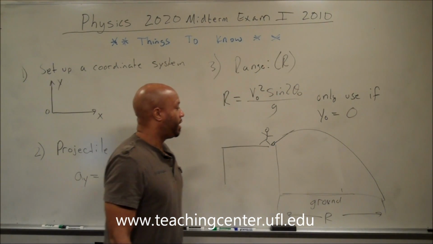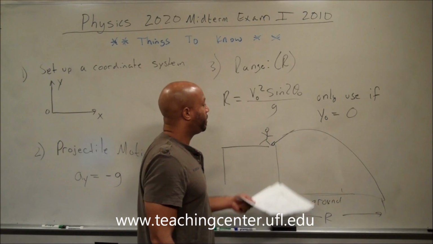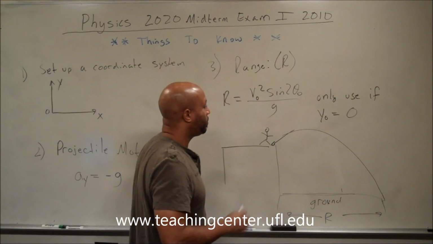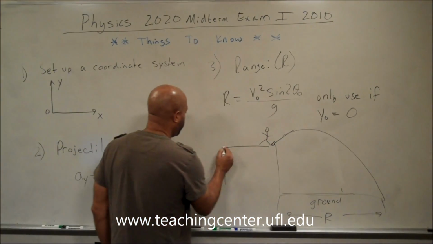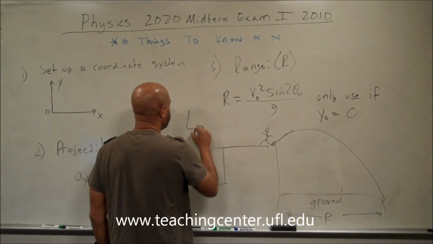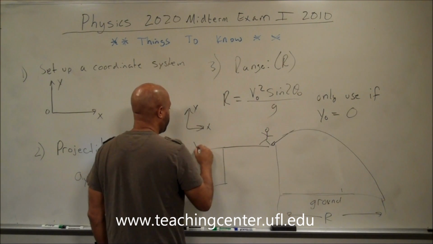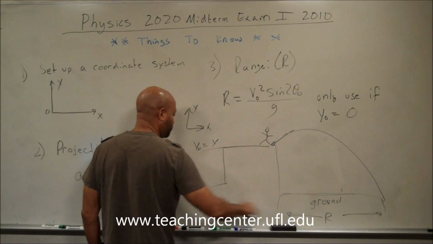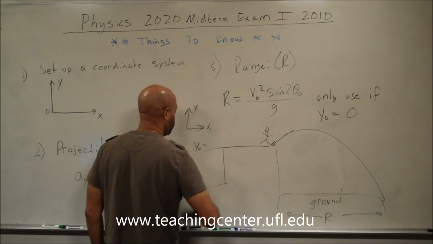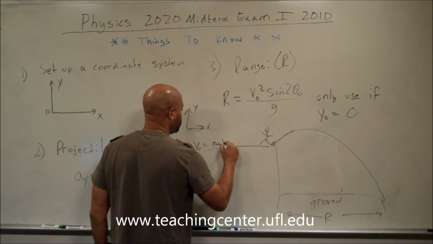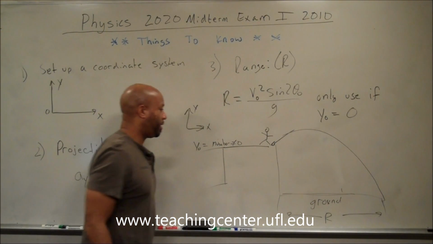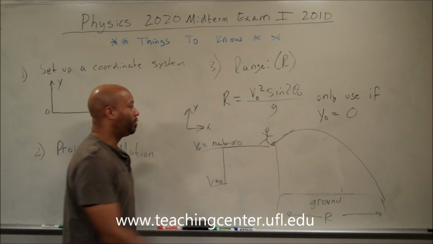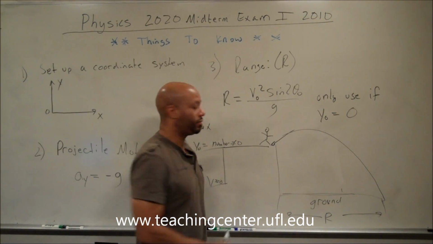We can only use this equation if our initial y is 0. If we define our coordinate system in this way, our initial y is going to have some value that's not equal to 0, since the ground is defined as 0. So you would not be able to use this equation.